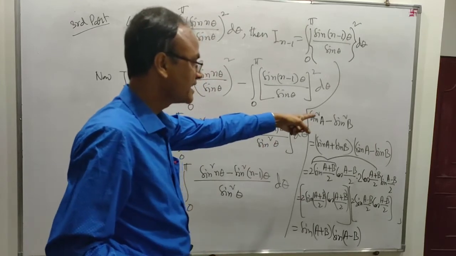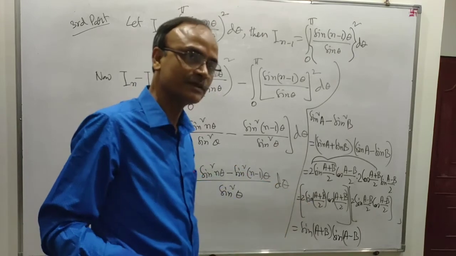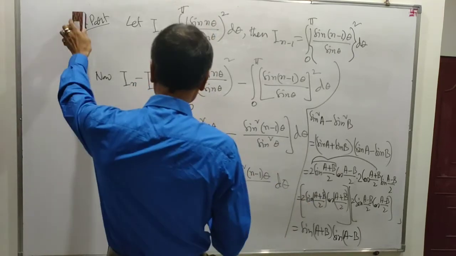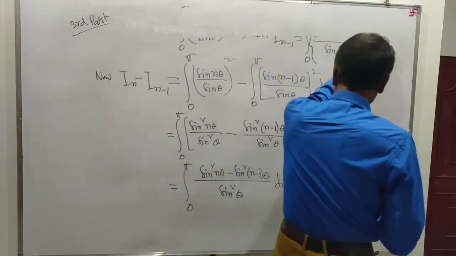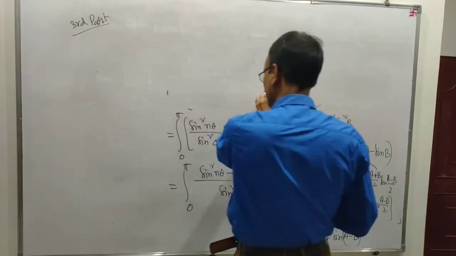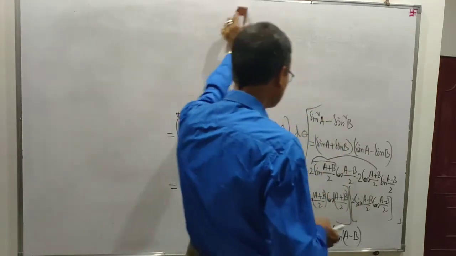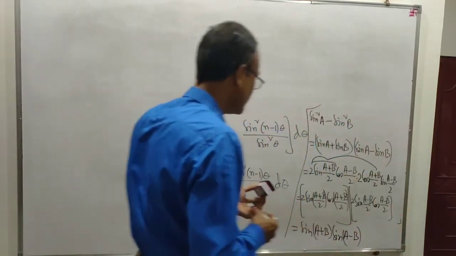Sin square A minus sin square B is equal to sin (A plus B) into sin (A minus B). Perhaps you know this.